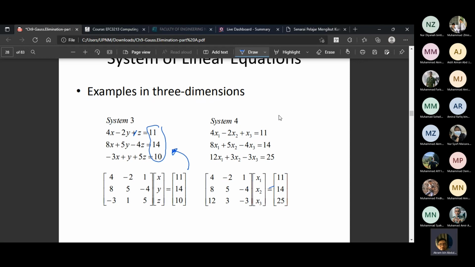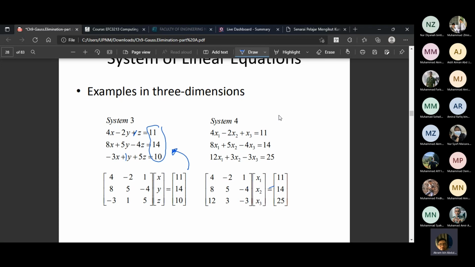The last row, negative 3, 1, and 5. Multiply with, tengok dalam setiap equation ni ada x, y dengan z, so kita tulislah x, y, z. And lastly, the constant term is jawapan dia lah, so sama dengan 11, 14, 10.